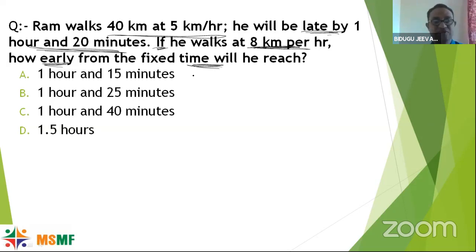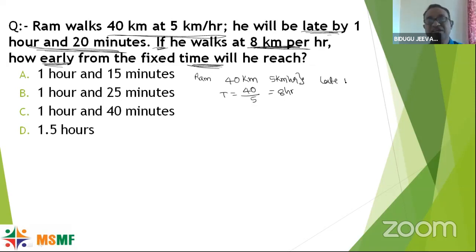See, Ram walks 40 kilometers at 5 kilometers per hour. What is the time? 40 by 5, 8 hours. But with this, he is late by 1 hour 20 minutes.